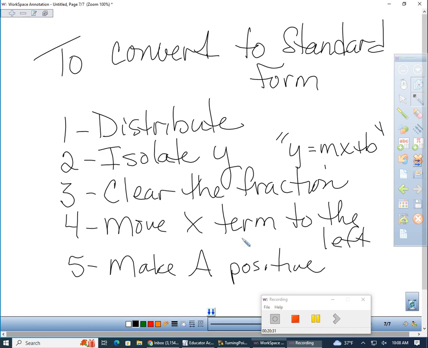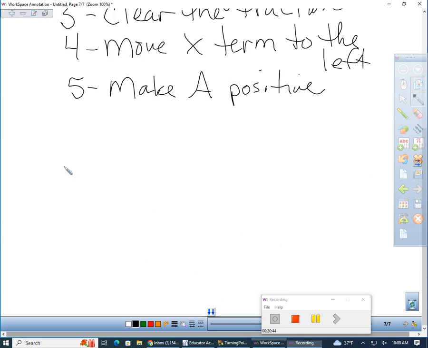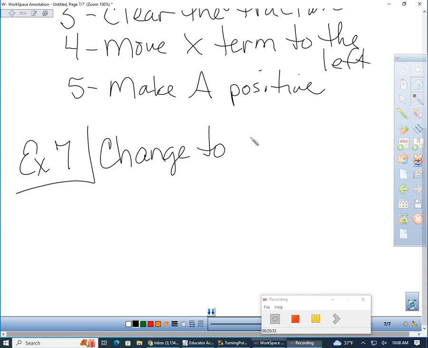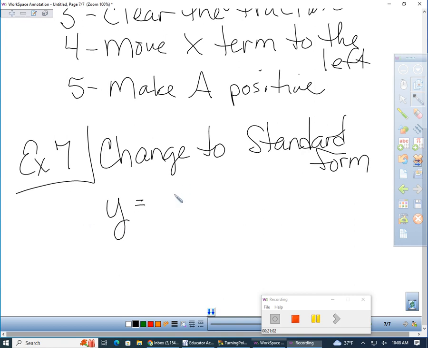Okay, so let's start off with an easy one. So example number 7. Change to standard form. And let's start off with an easy one. Let's say we have y equals 1/3 x plus 5.